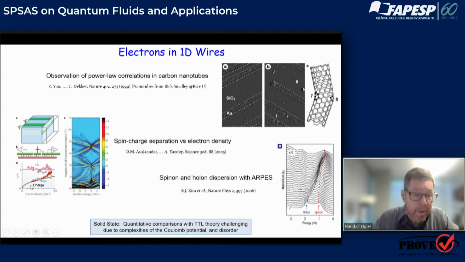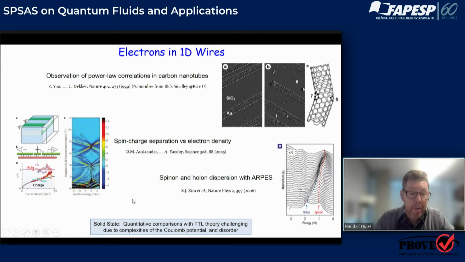They don't have Feshbach resonances in semiconductors, so they can't really control directly the interactions, but they can control the density. And the density also plays a role in the speed of these excitations. So they were able to see the fractionalization of these quantum numbers, the charge and the spin. They're propagating at different speeds. And that's the hallmark of spin charge separation.